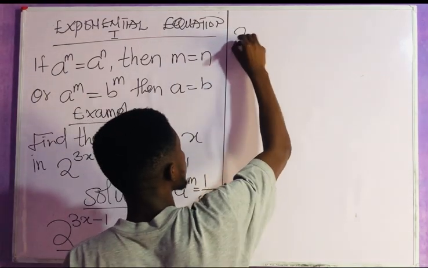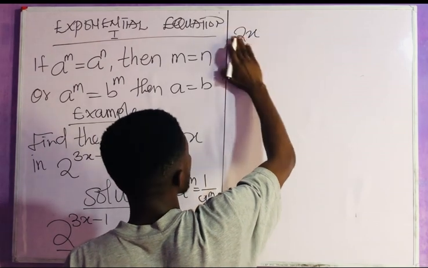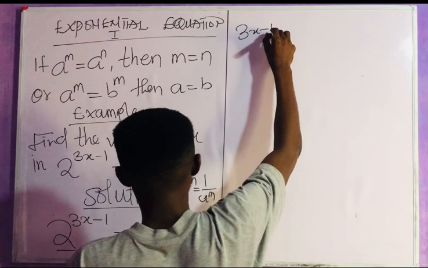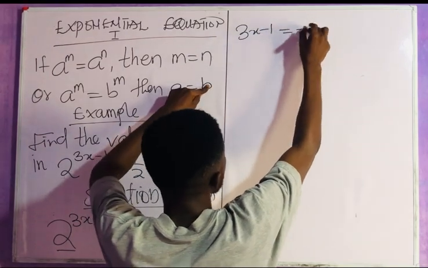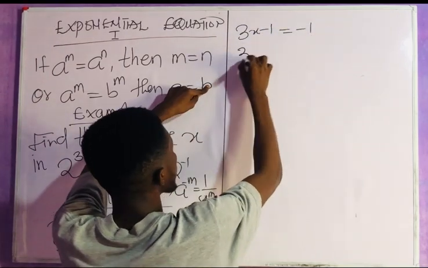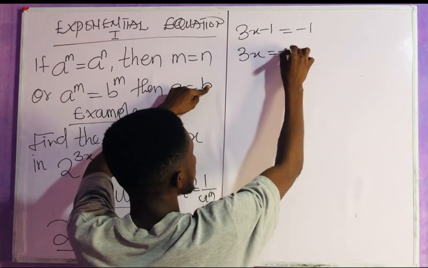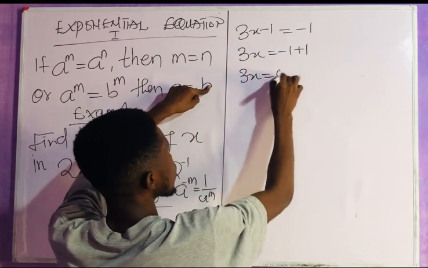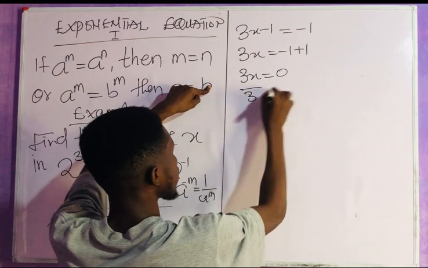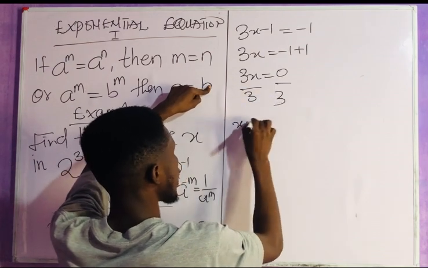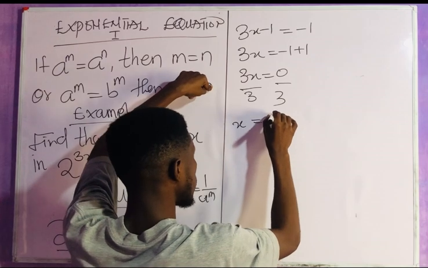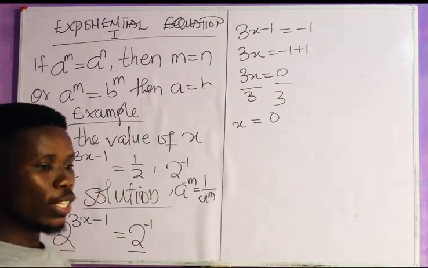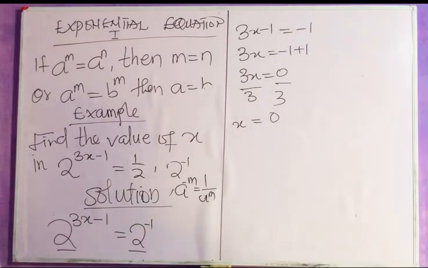So we have 3x minus 1 equals negative 1. So I have 3x equals negative 1 plus 1, 3x equals 0. Dividing both sides by 3, I have my x to be equal to what? 0. Simple as that.